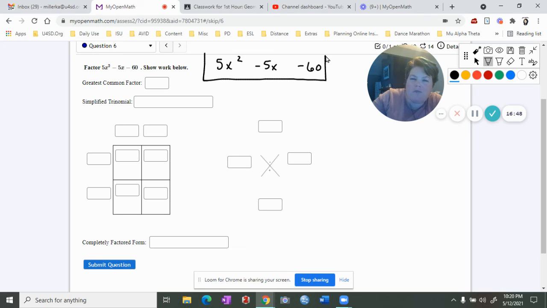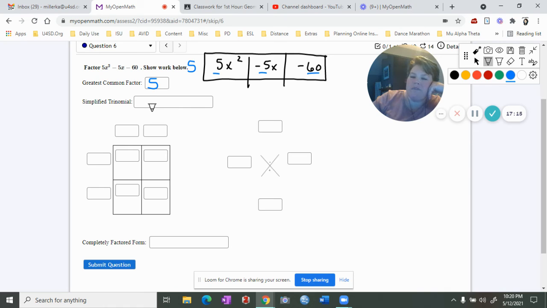What are all three of these divisible by? And that's going to be our GCF. Well, I noticed that I have 5, negative 5, and negative 60, and those are all divisible by 5. But I'm also noticing that my last term does not have an x, so that x is not included in the greatest common factor. It's just 5.